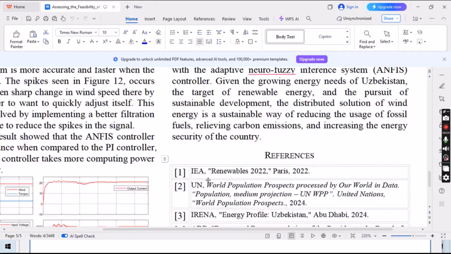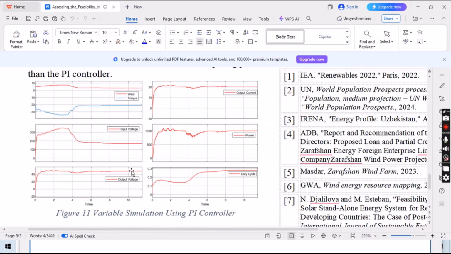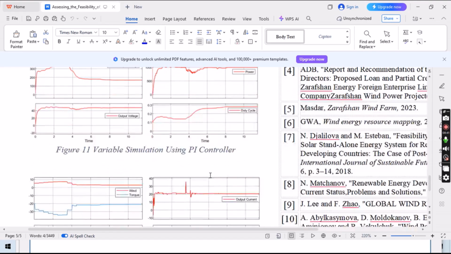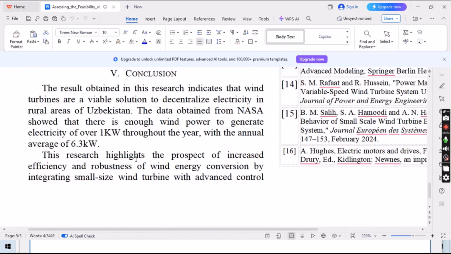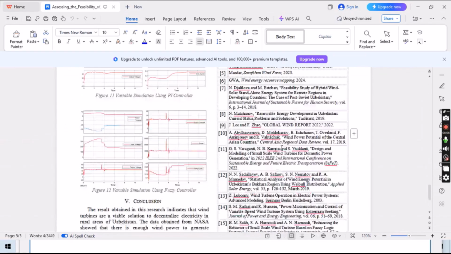Next I have added the variable simulation using the PI controller, showing how the behavior of wind torque, input and output voltage, output current, power, and duty cycle changes when we change the PI controller proportional and integral values. This is also the variable simulation for the fuzzy logic controller. Next I have added the conclusion and the references.